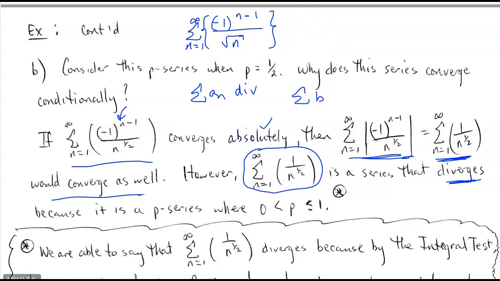Oh, hold on, let me change this right quick. So this should be the one that actually converges, but this one would be the one that would end up diverging.